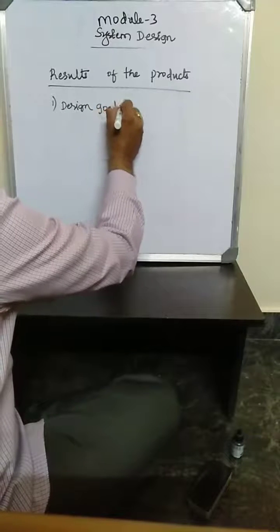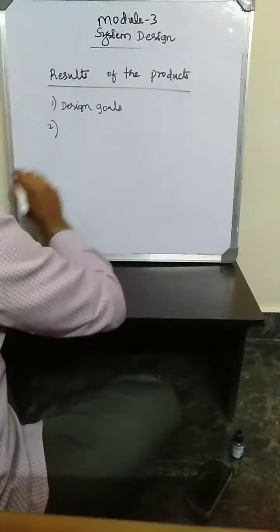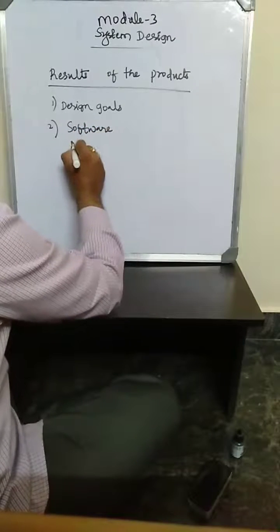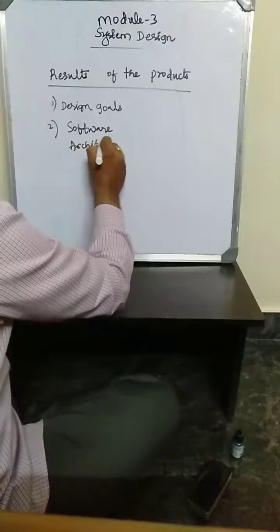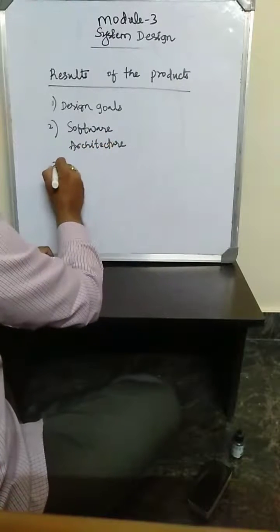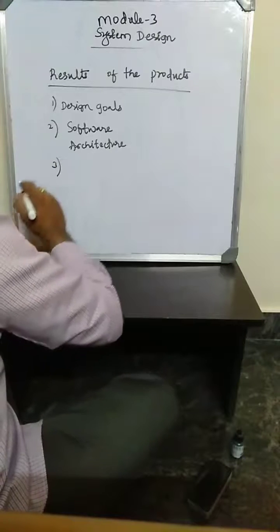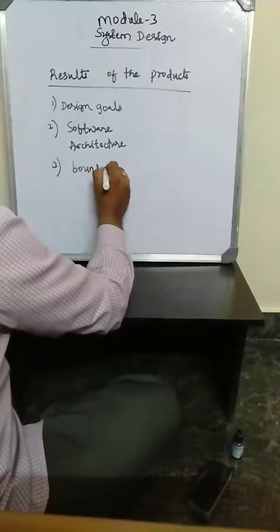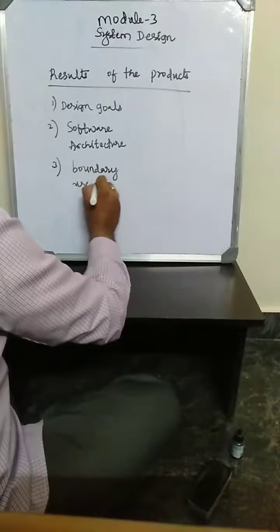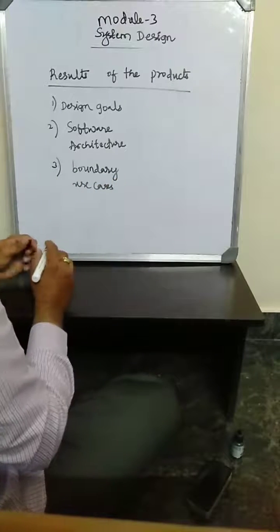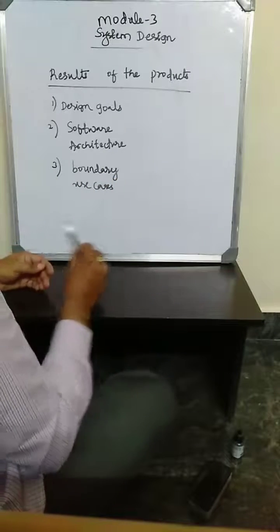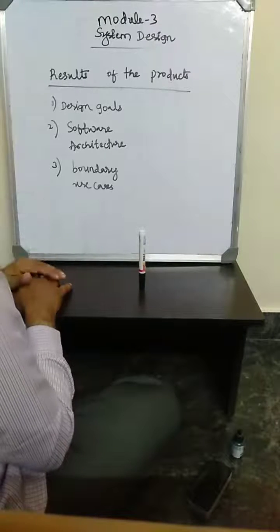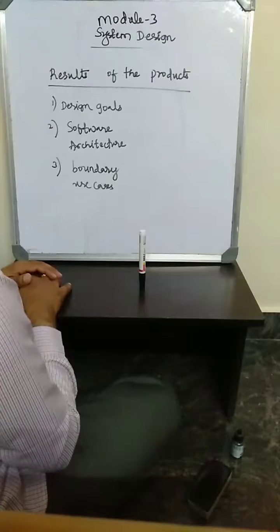The second one is the software architecture, mandatory. Software architecture, not engineering, it is architecture. The third one is boundary use cases. So these are the three important products that we need to understand: the design goals, the software architecture, and the use cases.